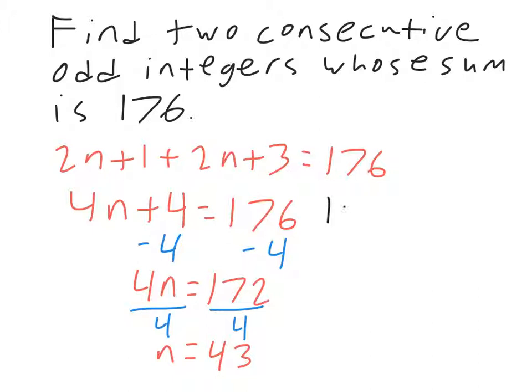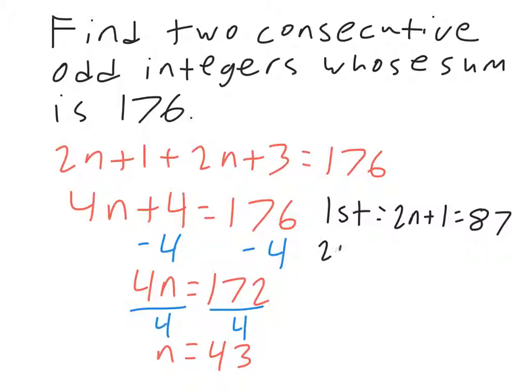So now we go back and we want to plug it in. So remember, the first integer was 2n plus 1. So 2 times n, which is 43. So 2 times 43 is 86, plus 1 is 87. So the first one is 87.